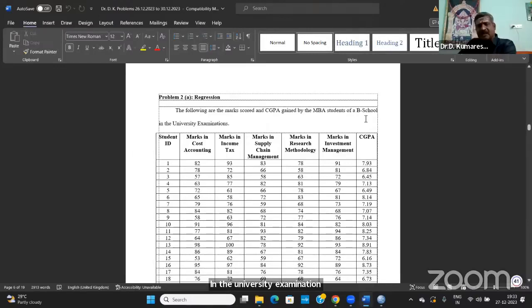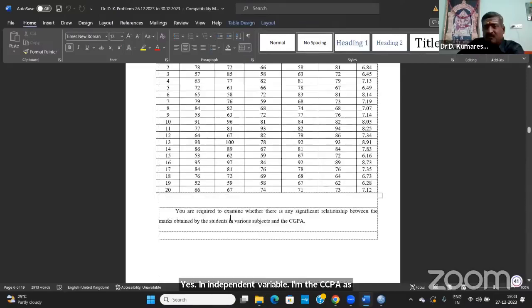Now, let us see how to apply simple regression. We take marks in investment management as the independent variable and CGPA as the dependent variable.